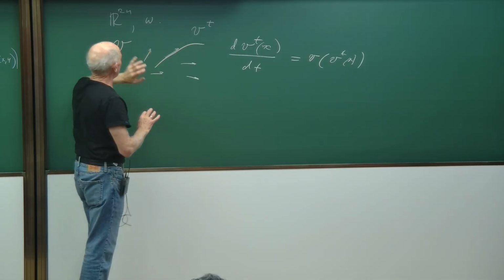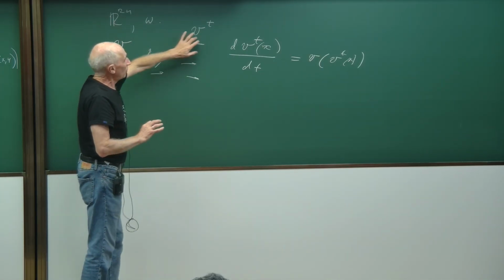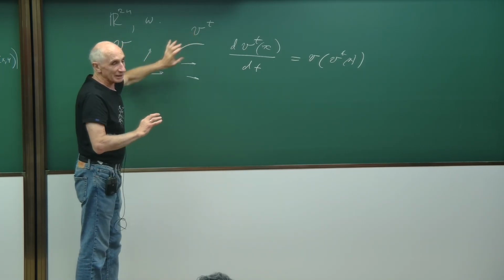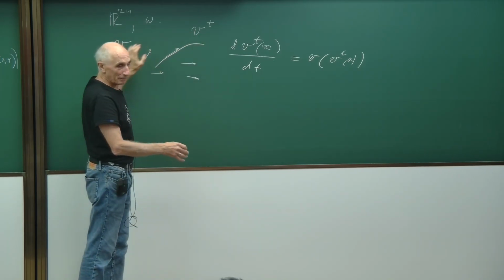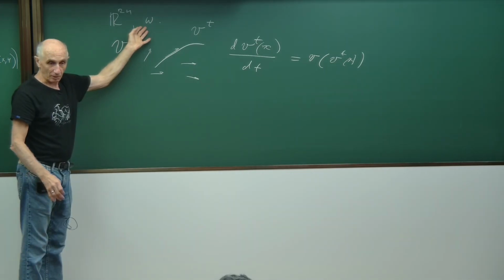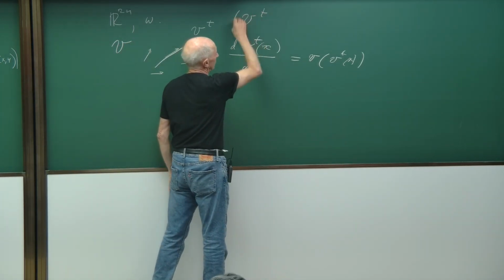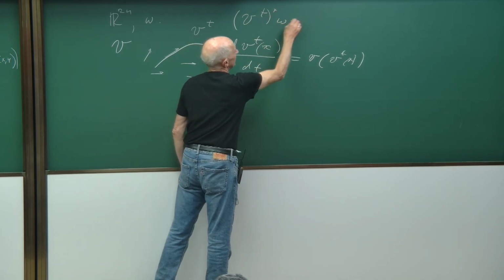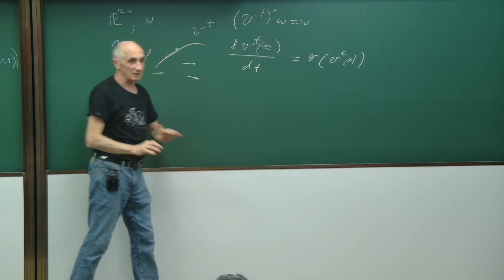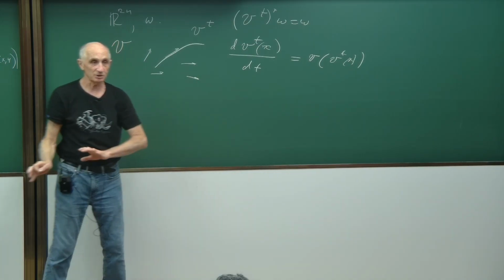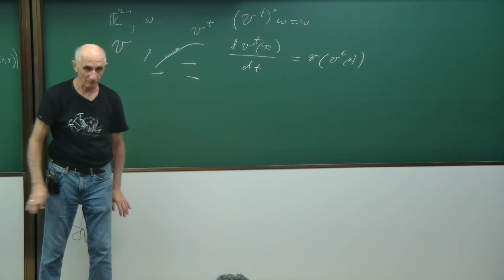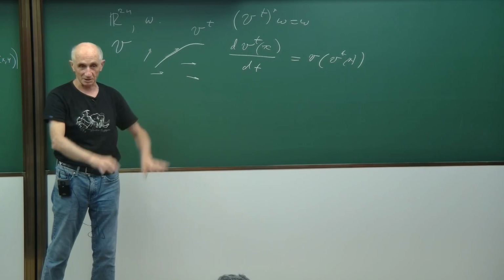So there's a phase flow, and now I'm asking when the phase flow preserves the symplectic form. So if you take, we said, the pullback of omega is equal to omega, which means that the transformations forming this flow consist of symplectic transformations.